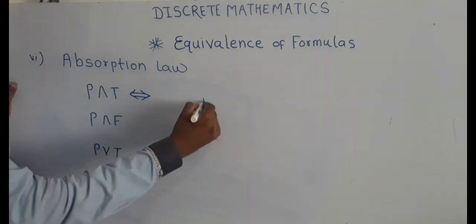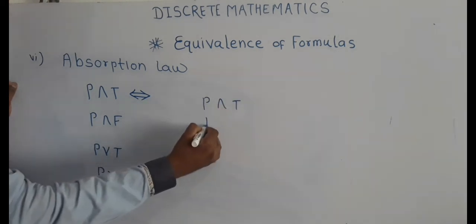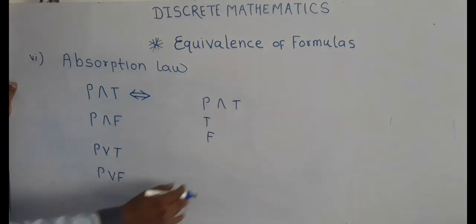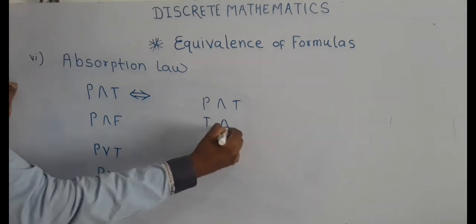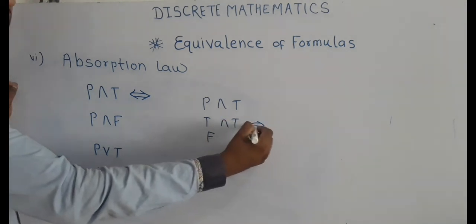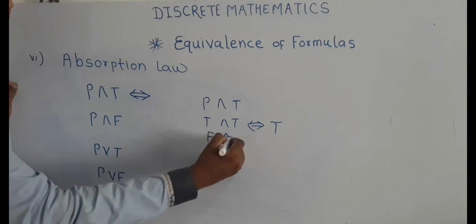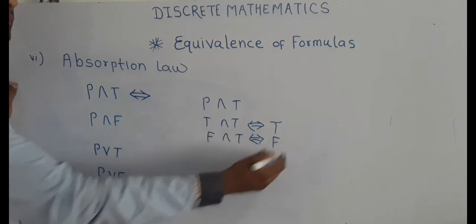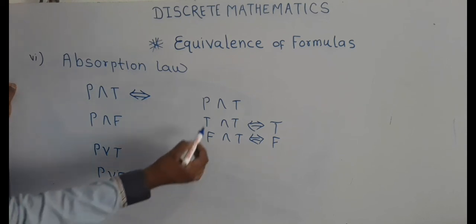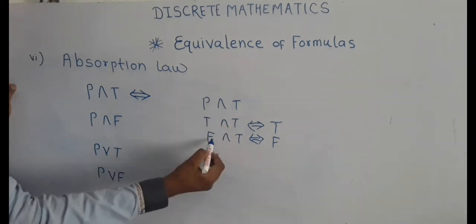Now if we have P and T, then P may be true or P may be false. But the second is a constant, that is T. That's why T and T is T, and F and T is F. Means if P and T, then P may be true or false.